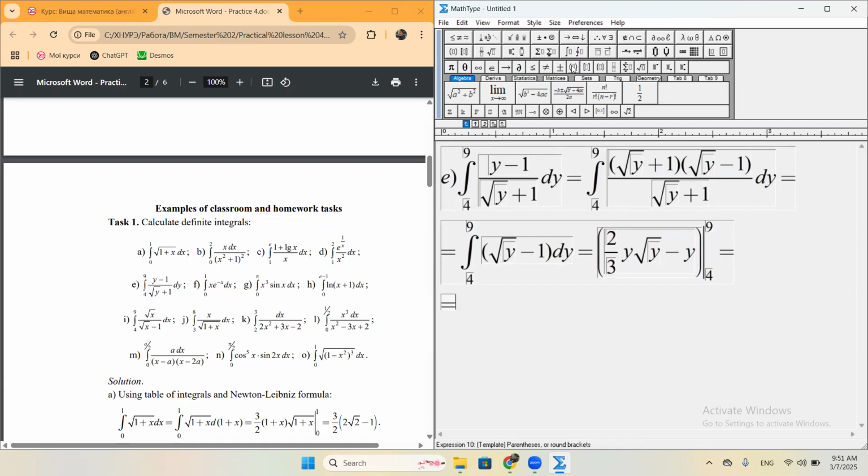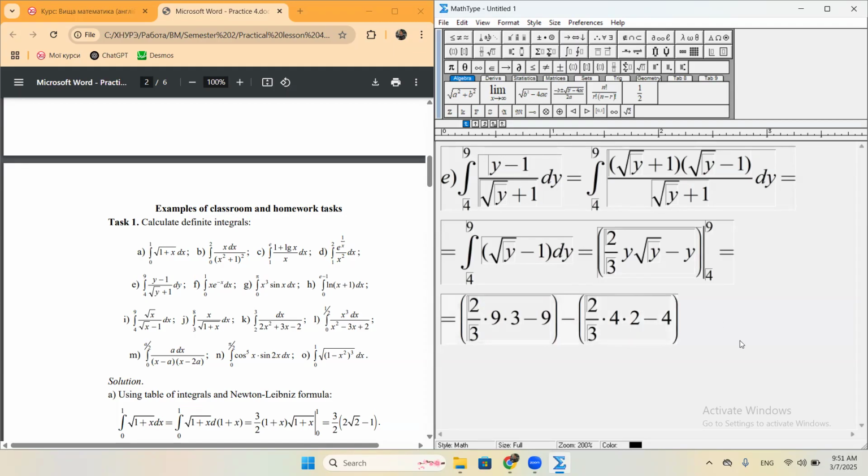So calculating it: 2 over 3 multiplied by 9 and multiplied by 3, minus 9, minus 2 over 3 multiplied by 4 and multiplied by 2, minus 4.